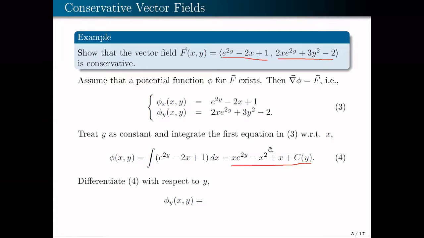So we will get 2 times x exponential of 2y, and then minus 0 plus c prime of y. So as you can see, we now have two expressions for phi sub y. Okay. So equating these two expressions for phi sub y, we get the following result.